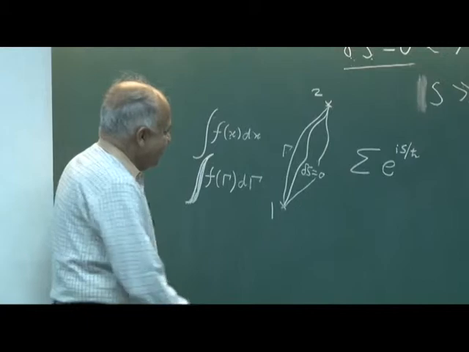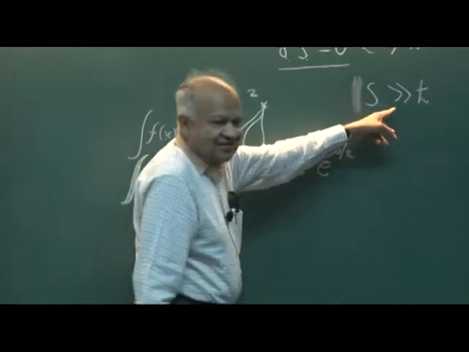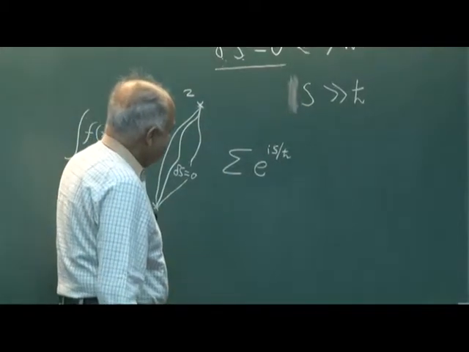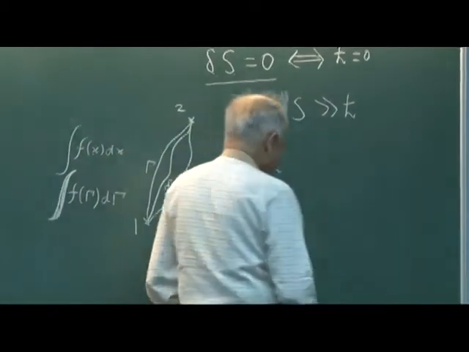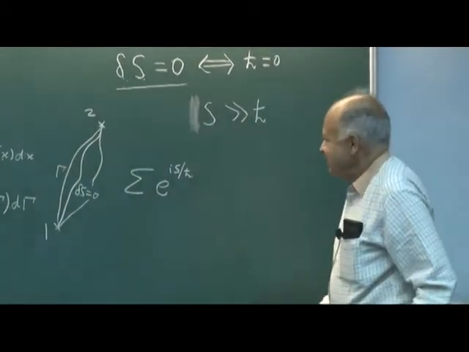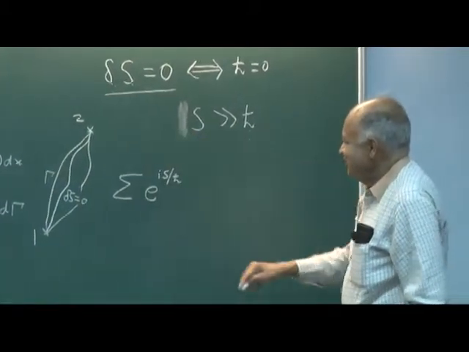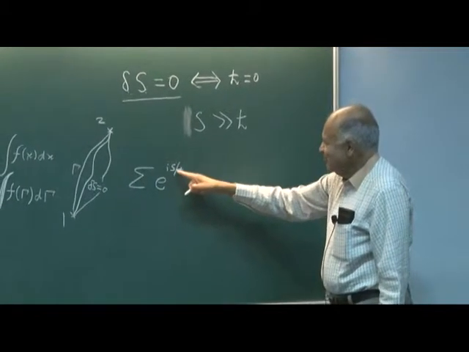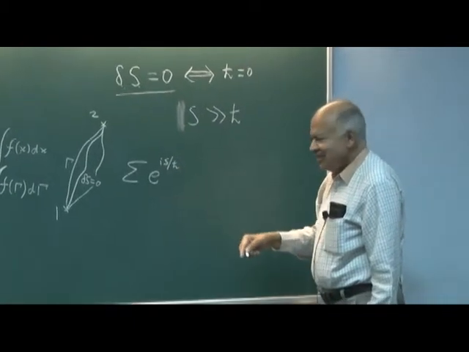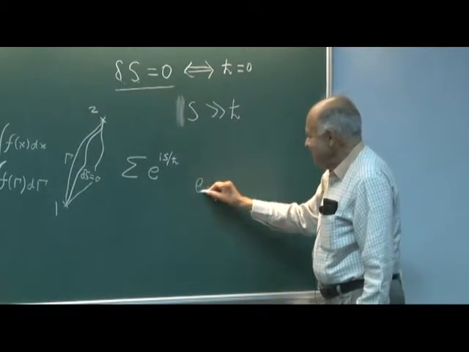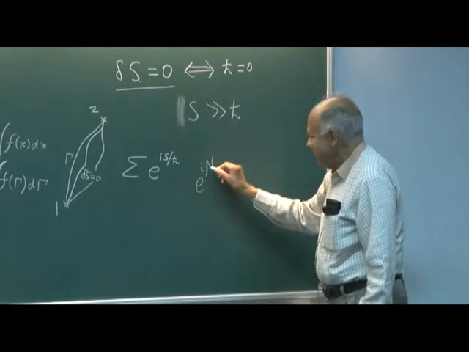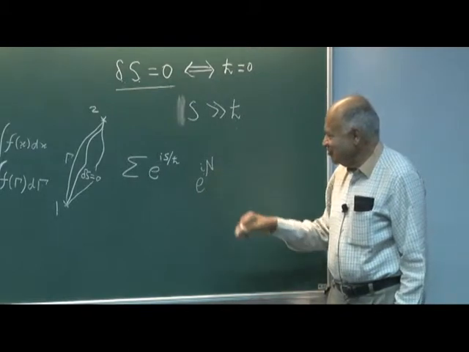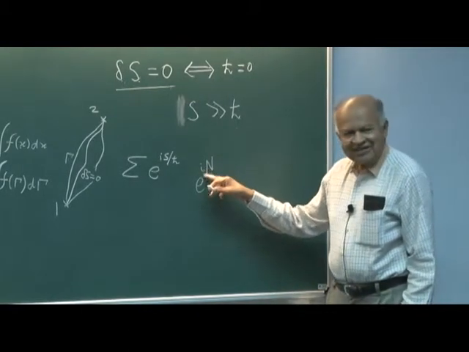Now, we can see what happens in this assumption, S large compared to h cross. What happens is the following: when you sum over things, if you let h cross go to 0, S over h cross will be a very large number, and if you take e to the i times some very large number, ideally infinity, but let us take it to be very large, this term is oscillating very rapidly.